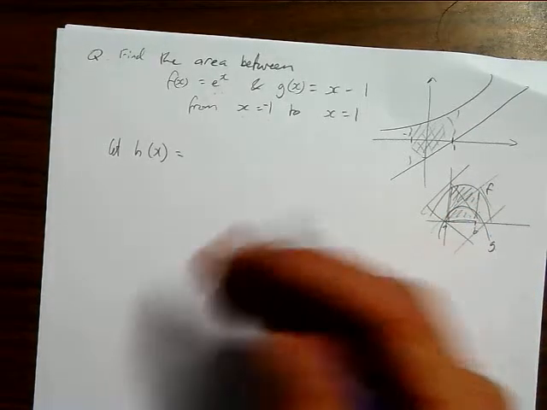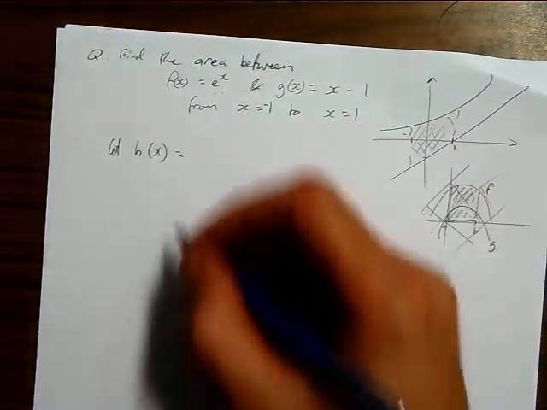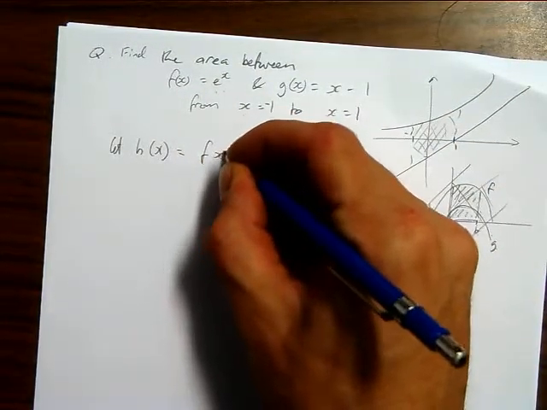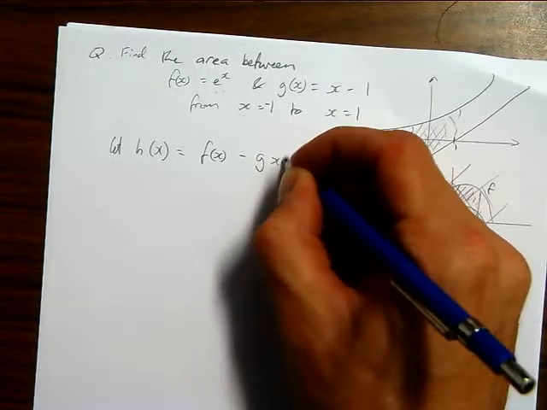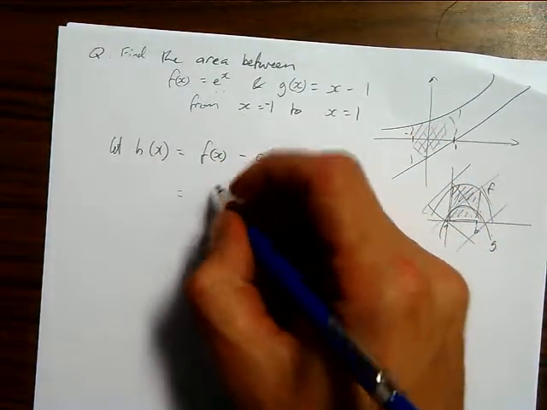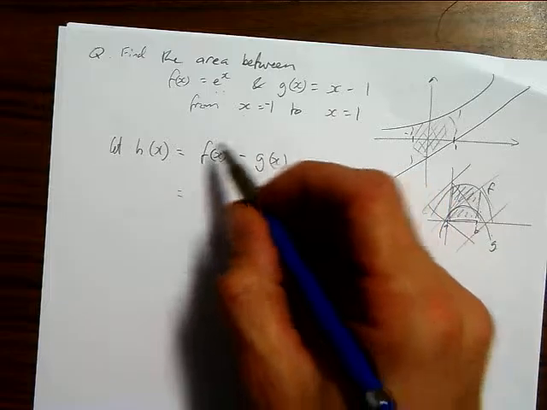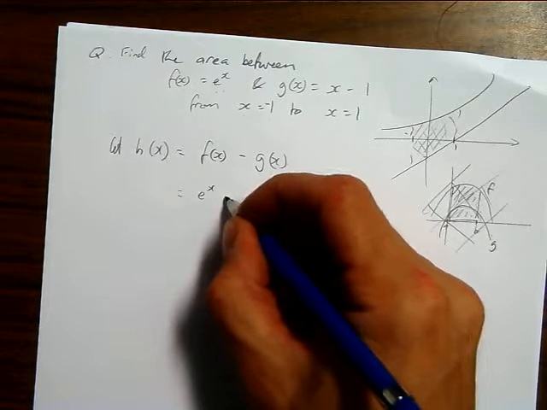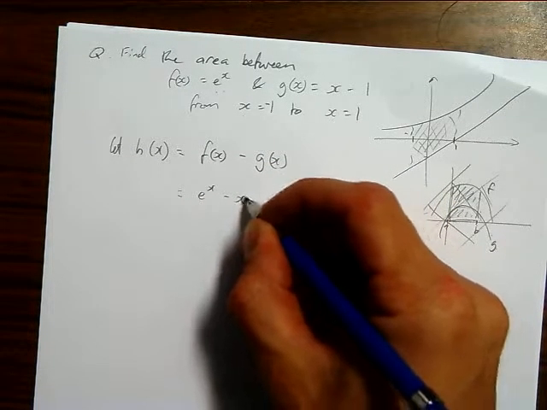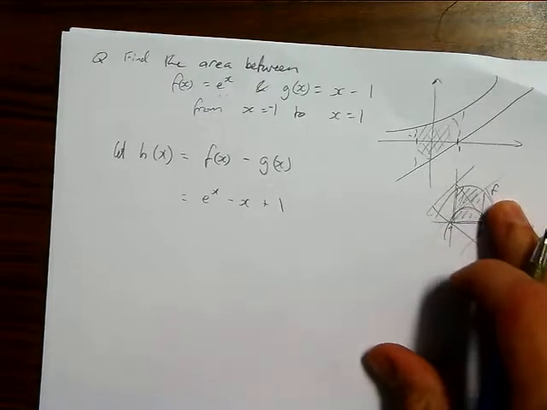So I'm just going to pick one. I'm going to go, well, f comes before g, so let's say it's f of x take g of x, which is e to the x take x plus 1.